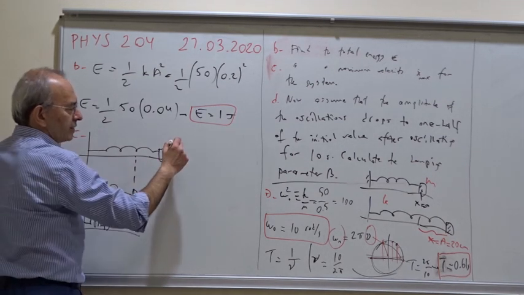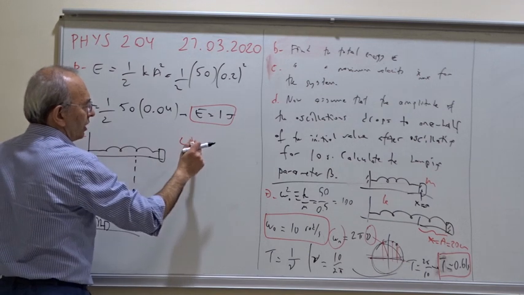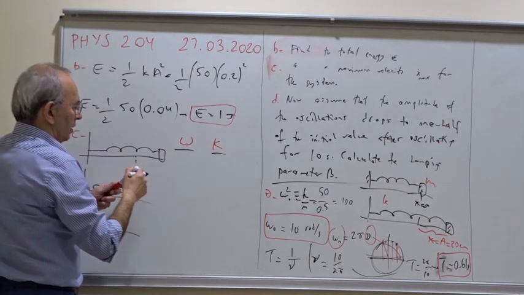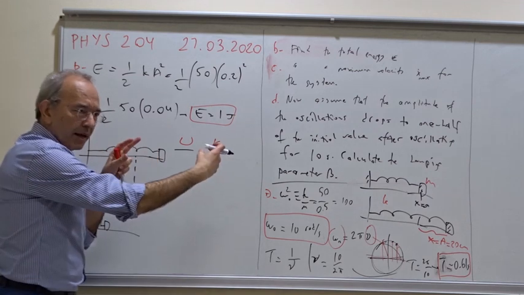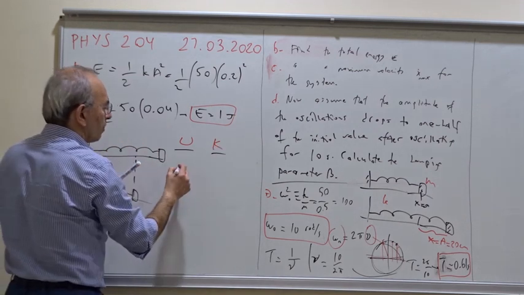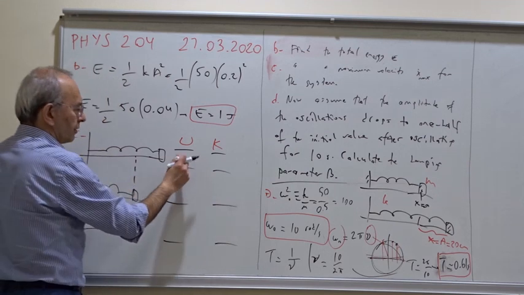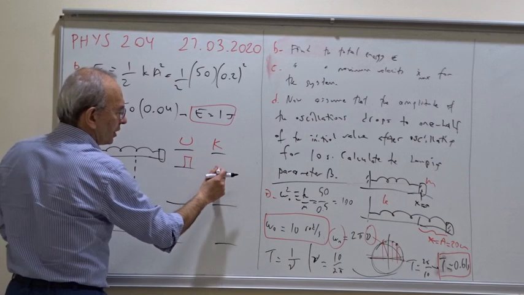Here, let me show the potential and kinetic energies. So when it is displaced maximum, it has maximum potential energy, this much, but no kinetic energy.